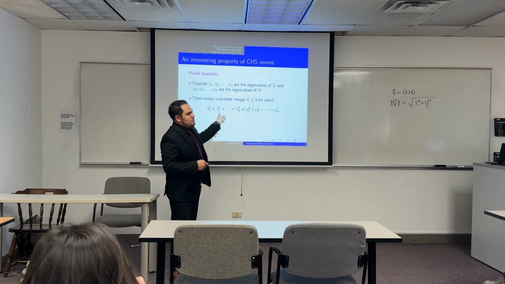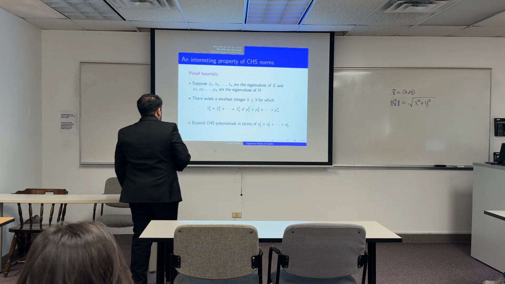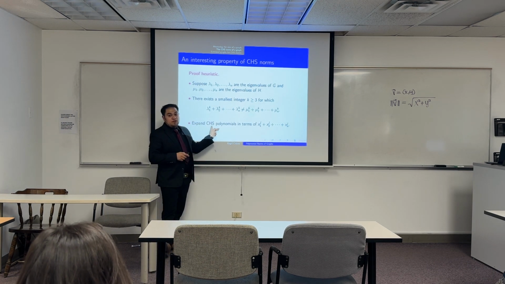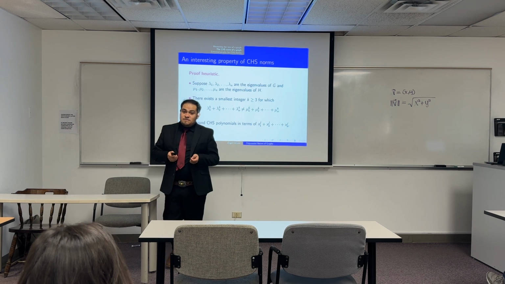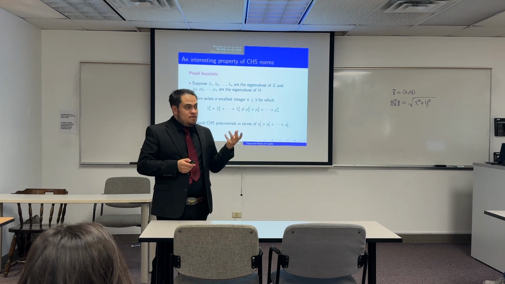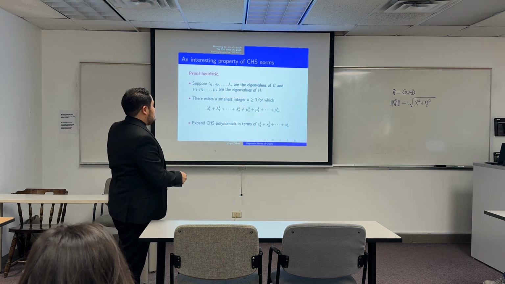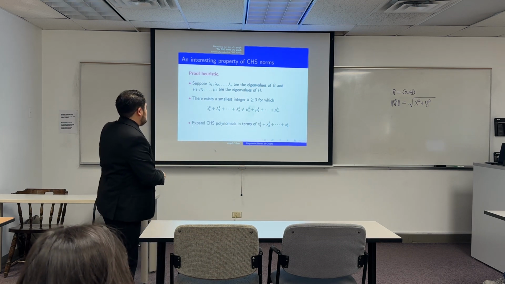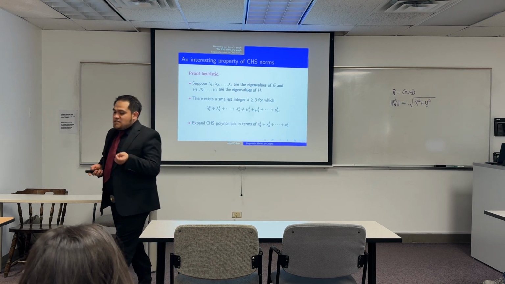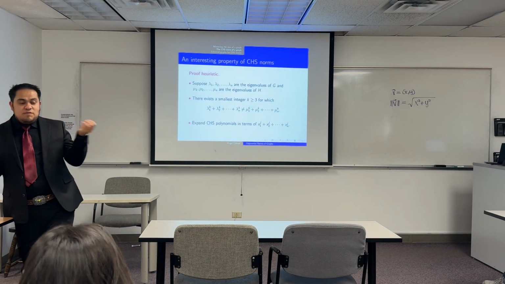Well, technically for k bigger than or equal to 3. Okay. Now the idea is quite simple. You expand these CHS polynomials, right? These are polynomials. You can expand them in terms of these types of functions. These are called power sums, and you expand these polynomials in terms of these functions. That's basically the idea. It's not a terribly complicated proof.